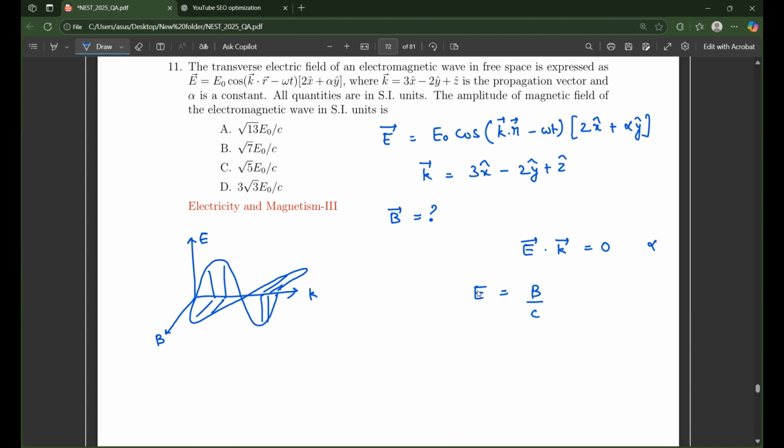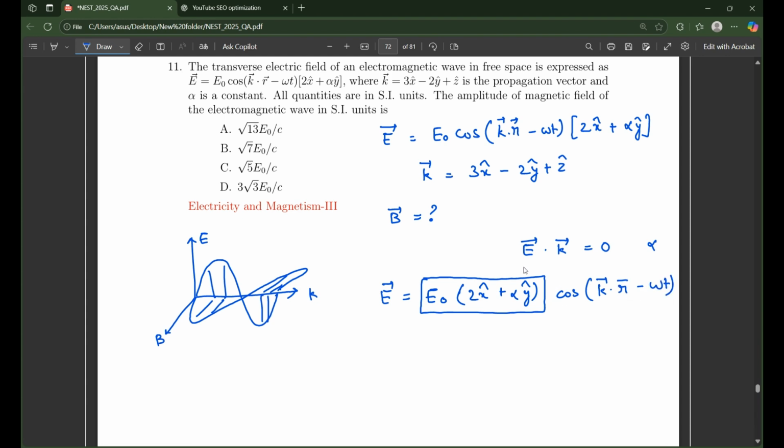Now, first of all, let's find out alpha. For finding alpha, what is the electric field vector? If I decompose this equation into parts, it comes out as E naught into (2x cap plus alpha y cap). This is the electric field vector, multiplied by cos(k dot r minus omega t).